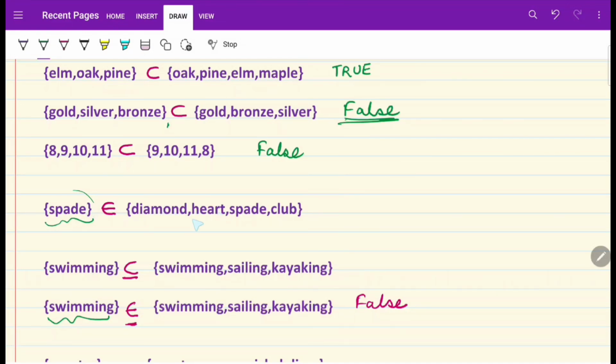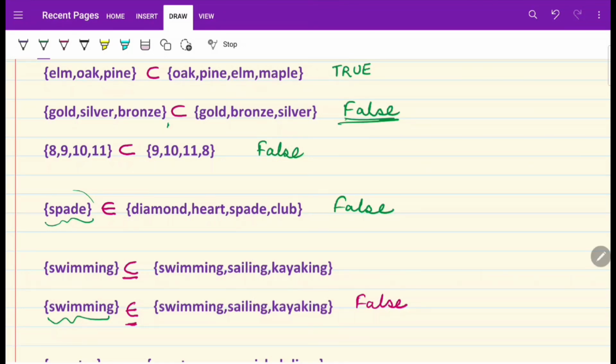Is an element of what? Of the set diamond, heart, spade, and club. This is a false statement because spade on the left-hand side is a set. A set cannot be an element of another set unless the set itself contains sets. It's a set of sets. That can happen as well. But the way this is presented, the set spade has to be compared to individual elements of this particular set. So that's what makes it false.